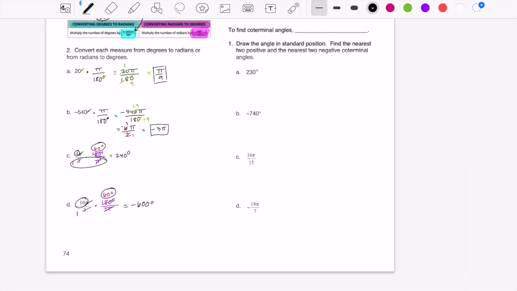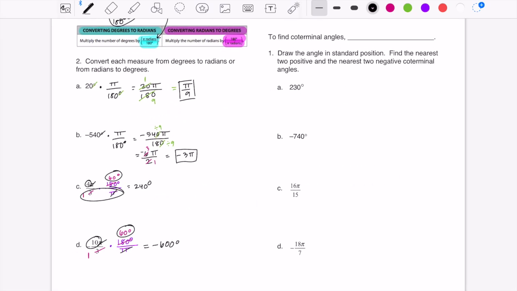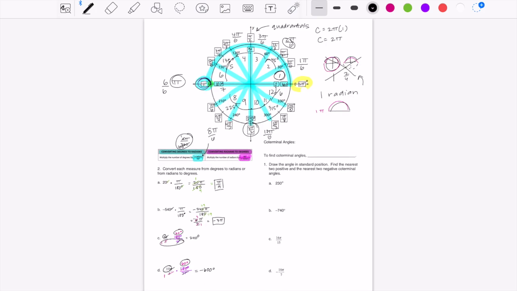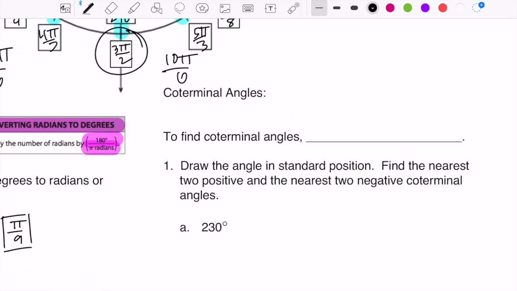Okay, last little bit is about coterminal angles. Coterminal angles, our vocab for that is that coterminal angles end up at the same spot, so they start and end at the same location.